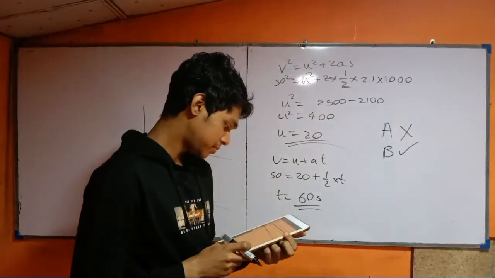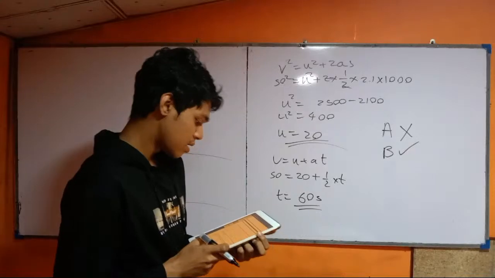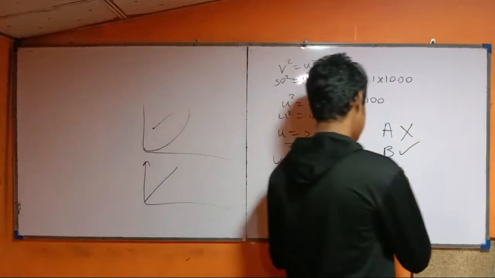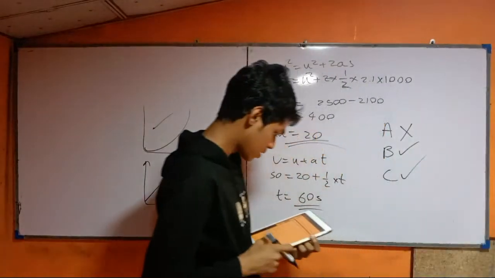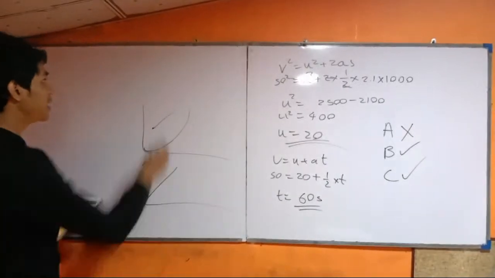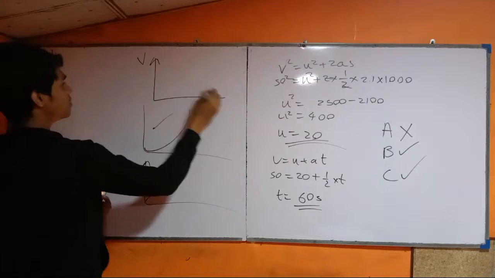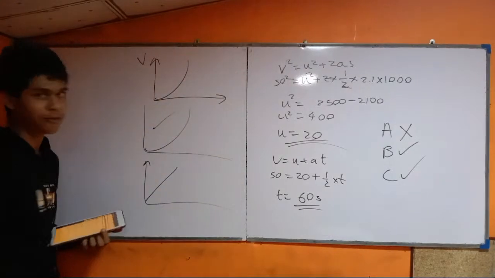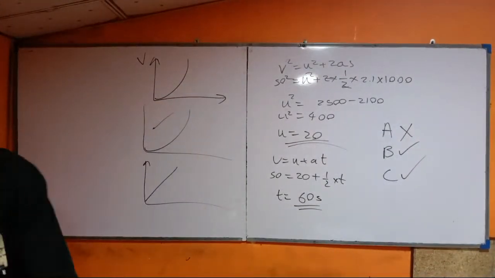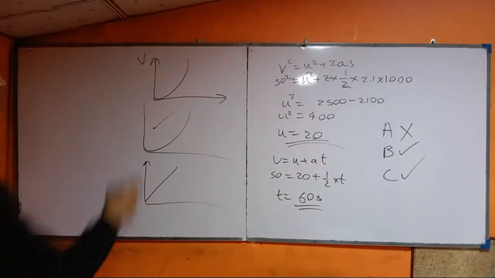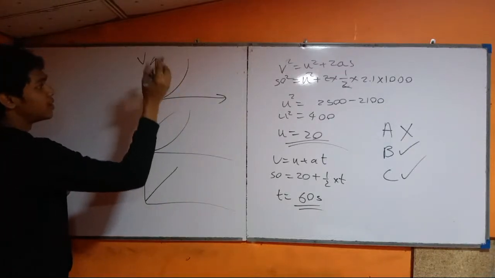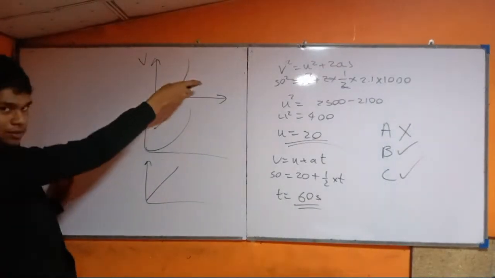Then the third one, velocity-time graph. The velocity is going to increase. C also shows acceleration, right? And the fourth one, velocity-time graph. Now the velocity-time graph is showing something like this. What is the meaning of that? In the velocity-time graph, if it's increasing like this, the gradient of the velocity-time curve represents what? Acceleration.